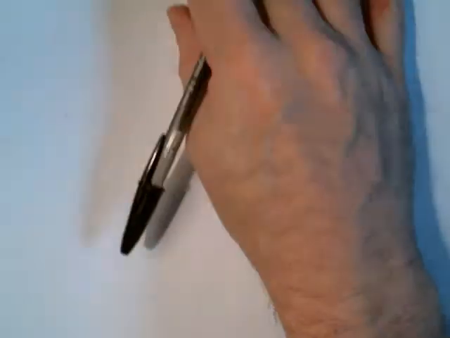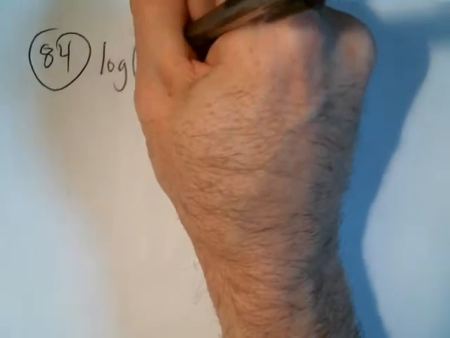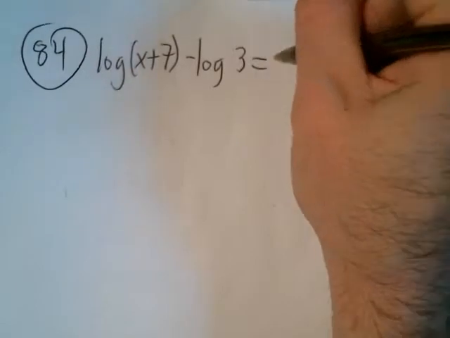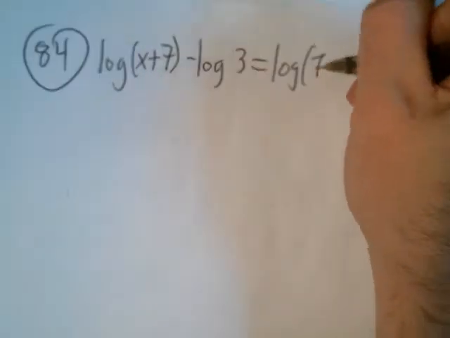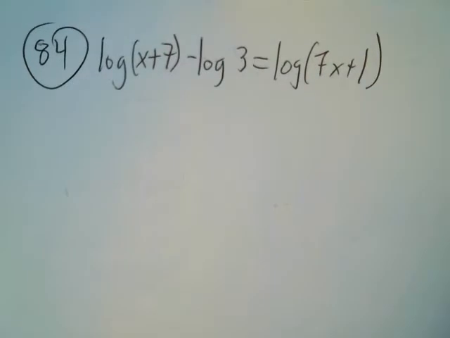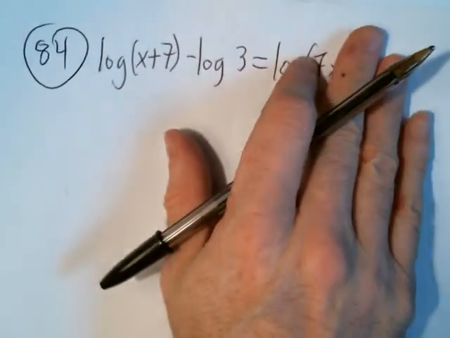So 84, let's take a look. We have log of x plus 7 minus log of 3 equals log of 7x plus 1. First I'm going to combine these. I want to get log of something equals log of something.